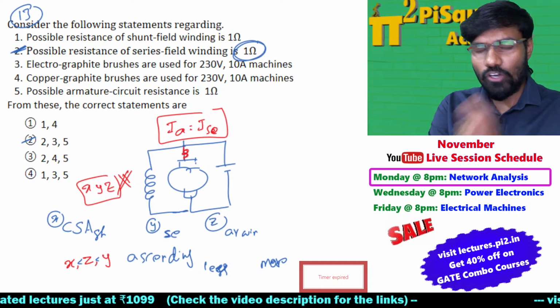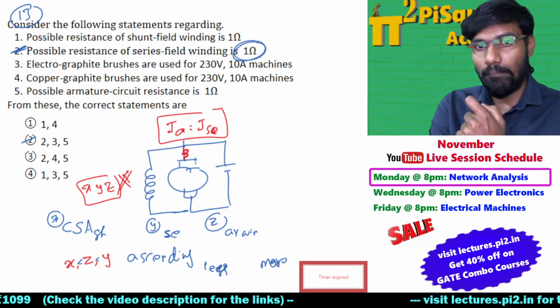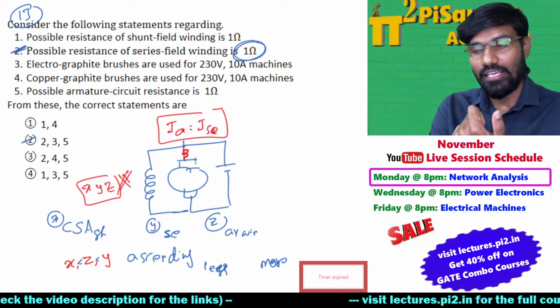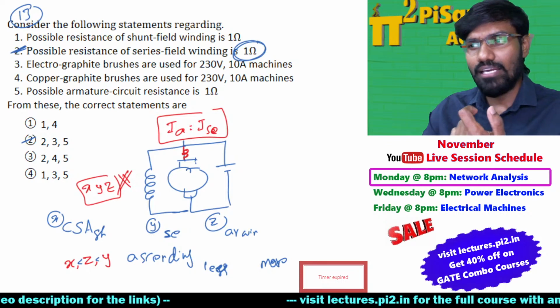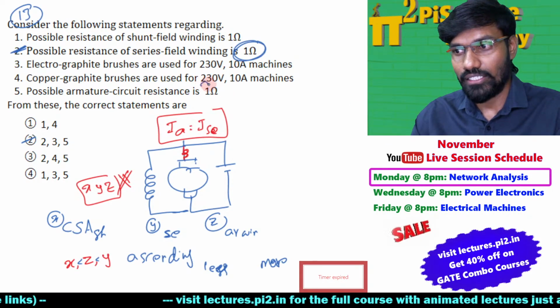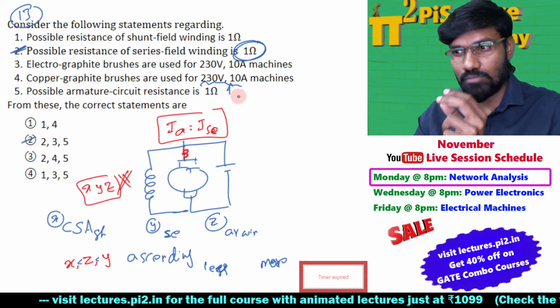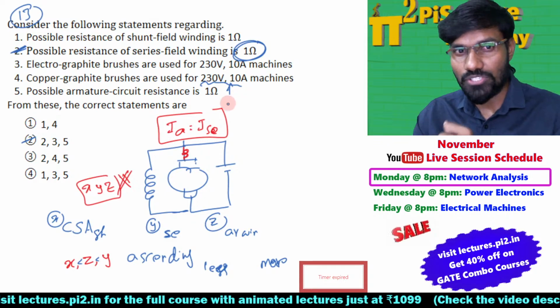Normally these copper graphite or metal graphite brushes are used for very low voltages, maybe 6 volts, like small DC motors you observe, 6 volt or 12 volt DC machines.